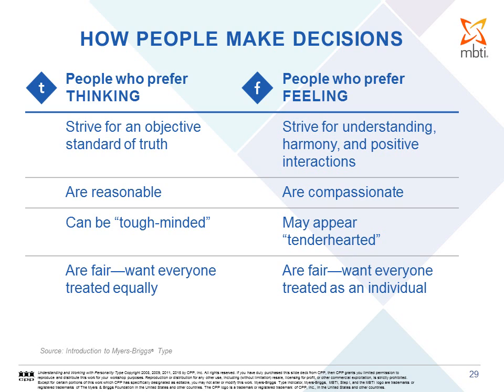People who prefer thinking can be tough-minded. People who prefer feeling may appear tender-hearted. People who prefer thinking are fair and they want people to be treated equally. And on the flip side, on the feeling side, also fair, but want everyone to be treated as an individual.